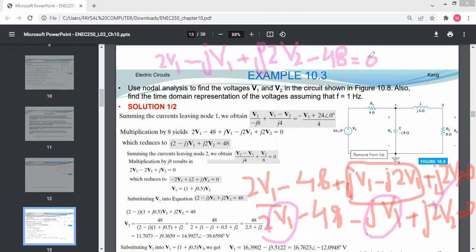Okay, so after this, I have to compare the values of v1. So v1 will be my common, v1 with 2 minus j, plus j2v2, which will be equal to 48.